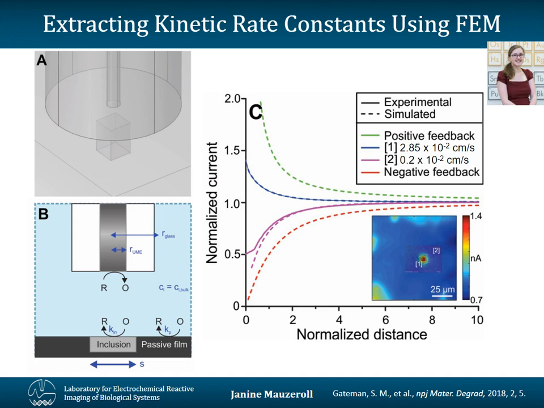And by fitting the approach curve to the numerical models, we can actually extract the heterogeneous kinetics for the inclusion versus the passive film. And one thing that's really interesting to see in the purple line is that the passive film, in fact, is not totally insulating. There is some reactivity because of the porosity of that passive film that leads to the regeneration of the mediator.